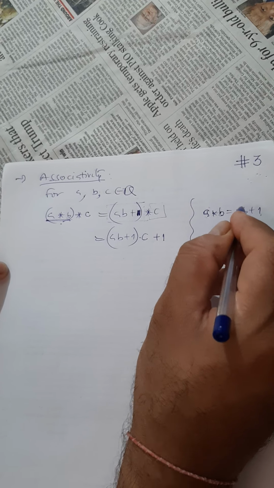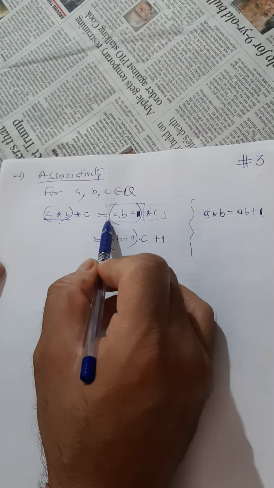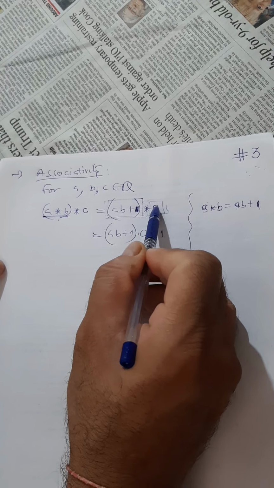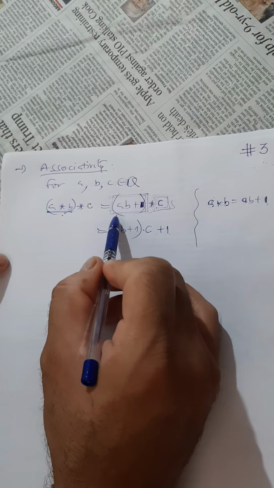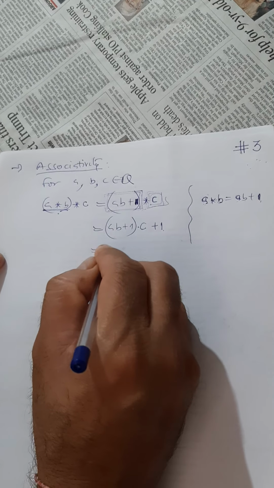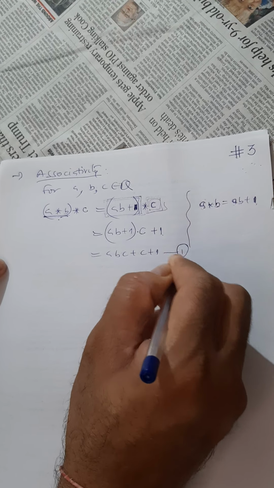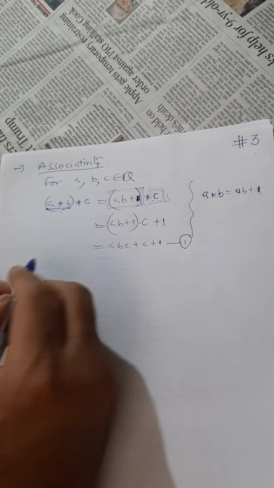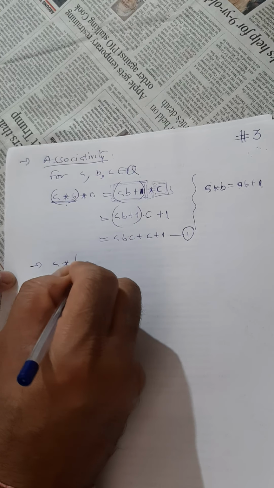First product plus 1, AB plus 1. This is A, this is B. So A into B plus 1, where A is this entire bracket. Now we just open the bracket. So ABC plus C plus 1. This is 1.